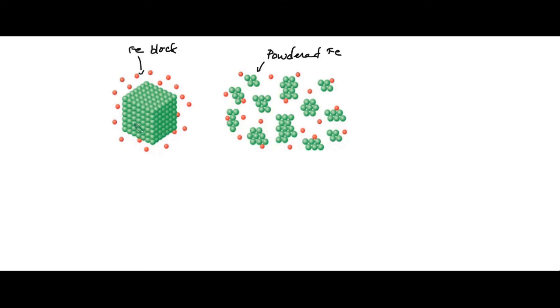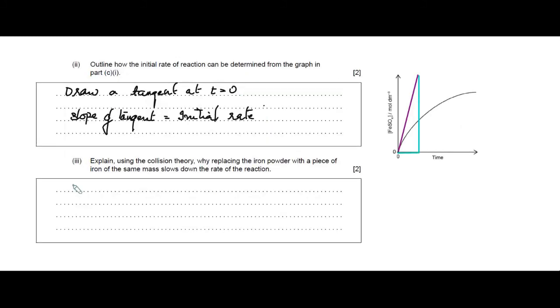When the surface area gets increased, more and more collisions will be happening between the iron and copper sulfate particles. As the number of collisions increases, the rate of reaction also will be higher. So as the surface area increases, the rate of collision will be faster. Product formation also will be faster with higher surface area.